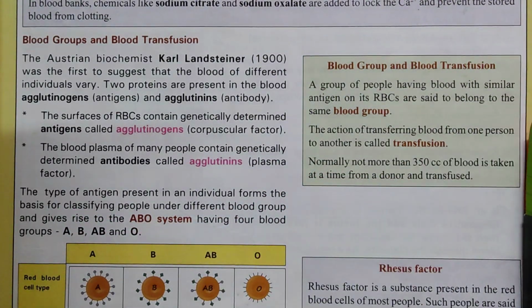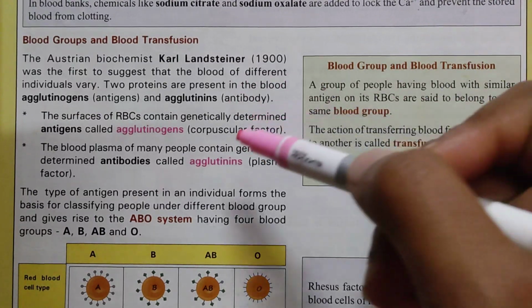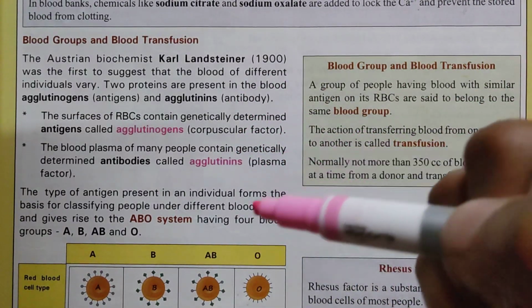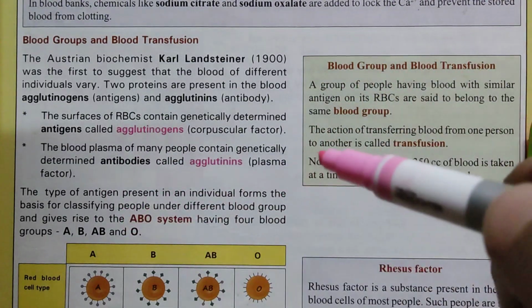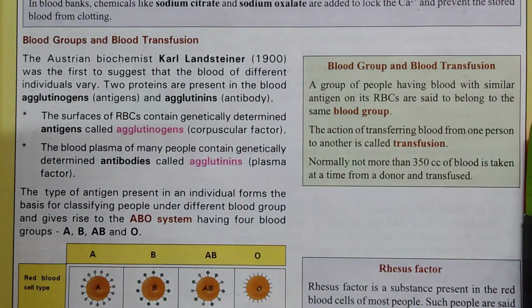Now there are two factors present in the blood. The RBC will contain the corpuscular factor, and the plasma will contain the plasma factor, as RBC is known as red blood corpuscles.